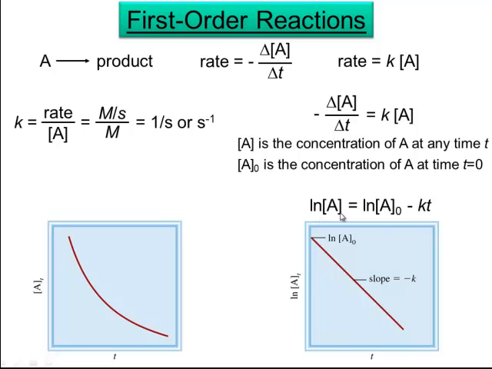So ln A is equal to ln A0 minus K times T. And hence, if you plot a graph of ln A versus time, the graph will have a negative slope. The value of slope obviously will be the negative of the rate constant, and the y-intercept will be ln A0.